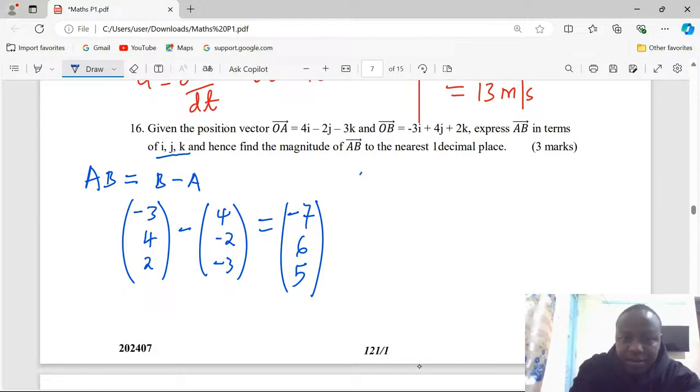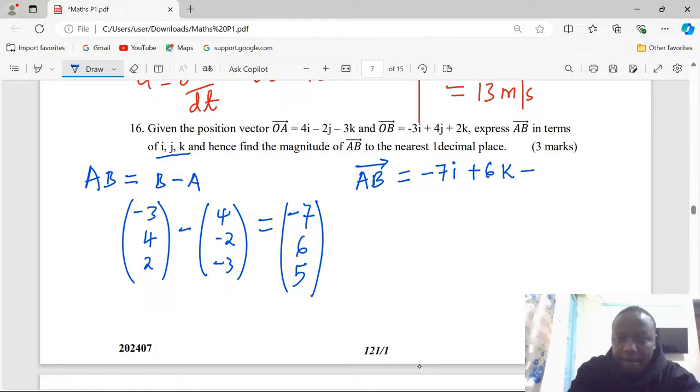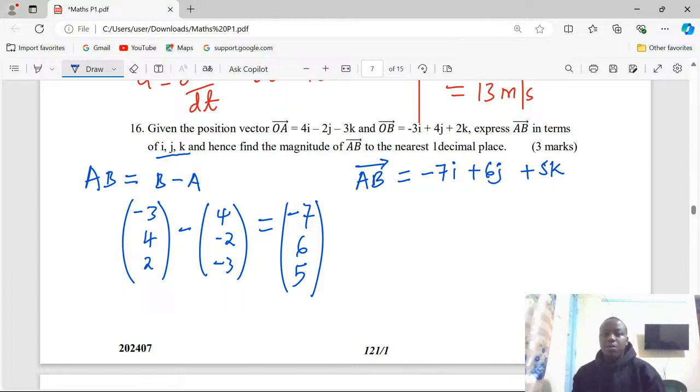So that we say vector AB is equal to negative 7i plus 6j plus 5k. Sorry, j is coming first to represent the y components, then 5k. This is now the vector expressed in terms of i, j, and k.